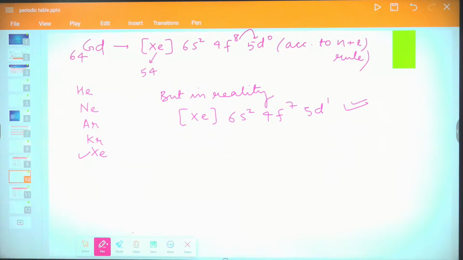Then we can quickly move on towards the actinoids. Yes, hopefully written.